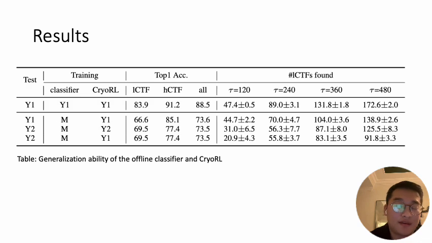To test the transferability, we train our model on the Y1 dataset, and then we evaluate the performance drop when we test the model on Y1, Y2, and M datasets. And the transferability is in general good when we transfer the trained model to different datasets.